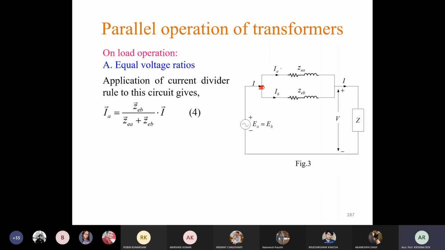That means while calculating this current, we have to consider this impedance first, then divided by the sum of the two impedances into the total current I. So this is the load current shared by transformer A. Okay, and similarly we can write the load current shared by transformer B, that is IB is equal to ZEA divided by sum of the two impedances into total current I.